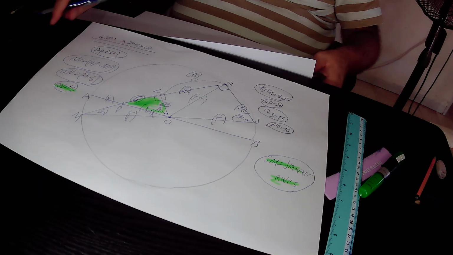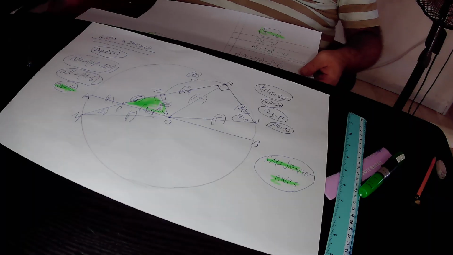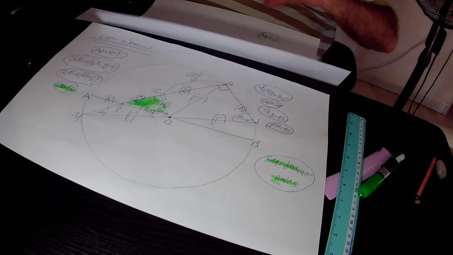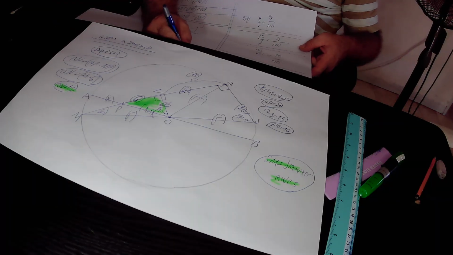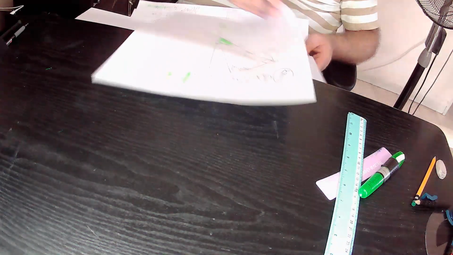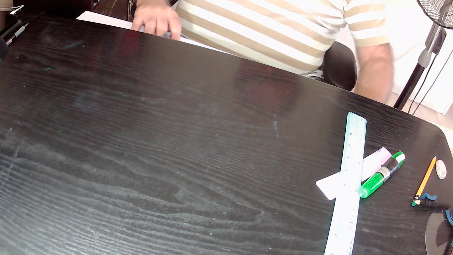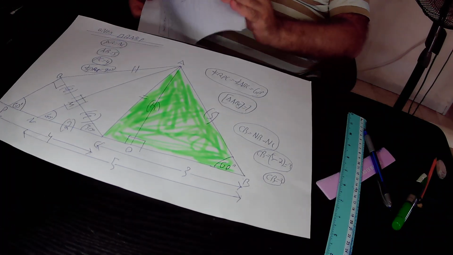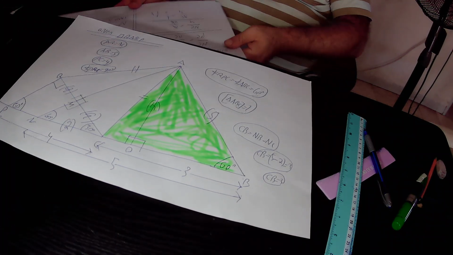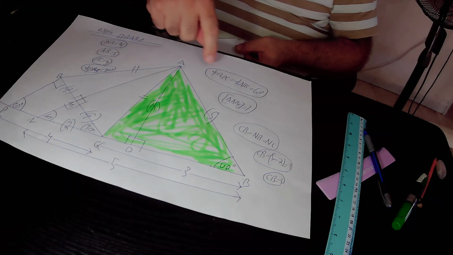Let's start with the first question, of course. Our task in the first question is to find the area of this green triangle, triangle ABC.